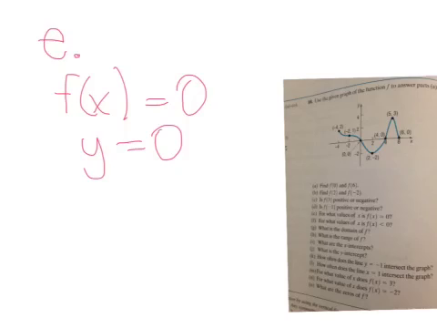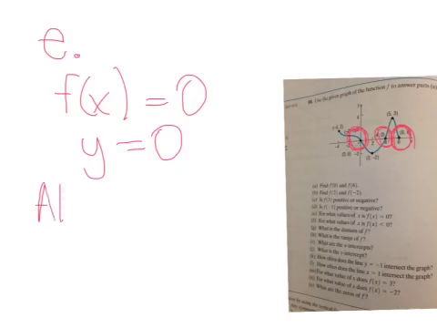All right, part E says, for what values of x is f of x equals 0? And I'm going to, again, just think of this as y. So I have to go and pick out this point, and this point, and this point. I'm just looking at my x-intercepts because this point is (4, 0), y is equal to 0, and that's (6, 0).